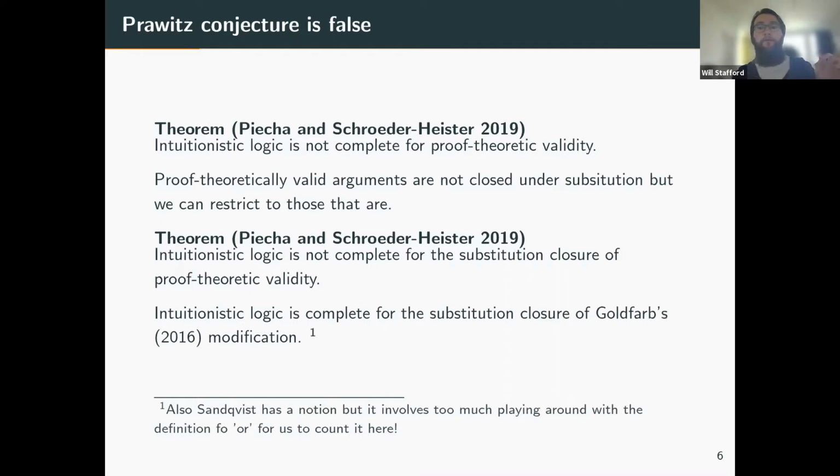Well, except there is one notion of proof-theoretic validity that is sound and complete for intuitionistic logic when closed under substitution. And this is Goldberg's modification of Dummett's proposal. I'm going to talk more about that later on.